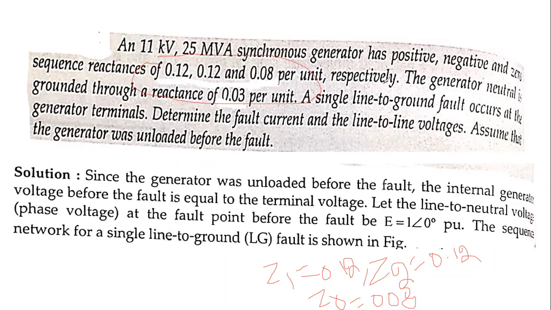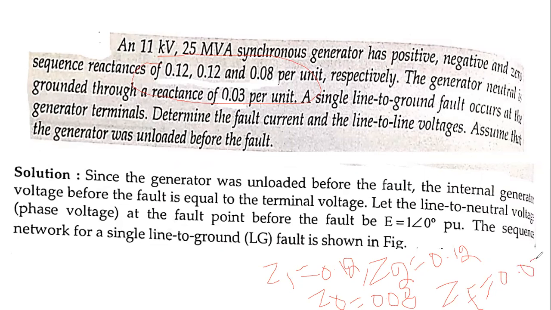The generator neutral is grounded through a reactance, the impedance connected to the neutral, Zn, which is equal to 0.03 per unit.